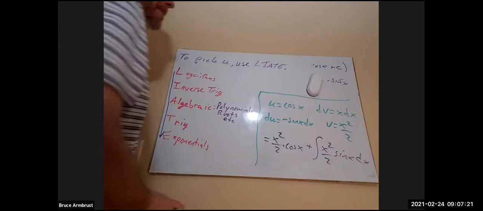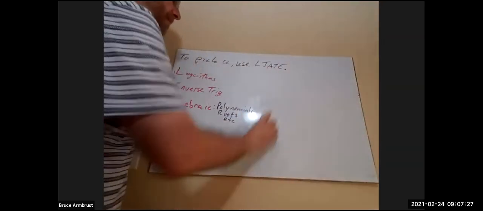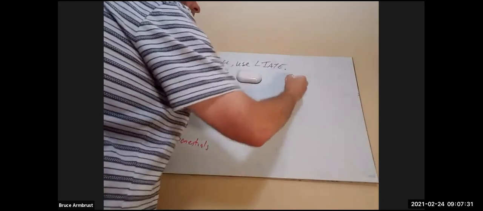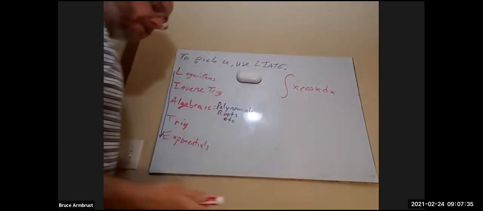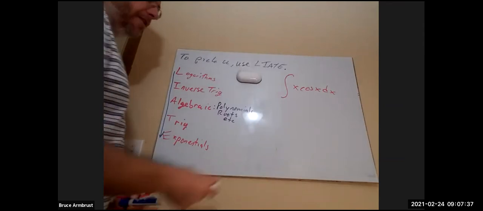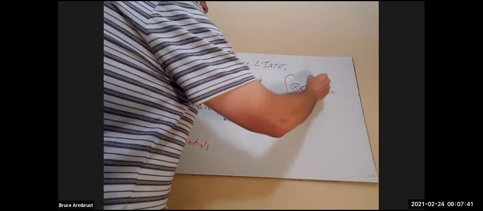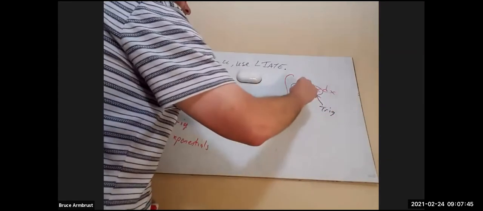So come back to the one that we just looked at, the very first one we did here. We had the integral of x cosine of x. So our choices really are x or cosine of x. The cosine of x, of course, is trig.